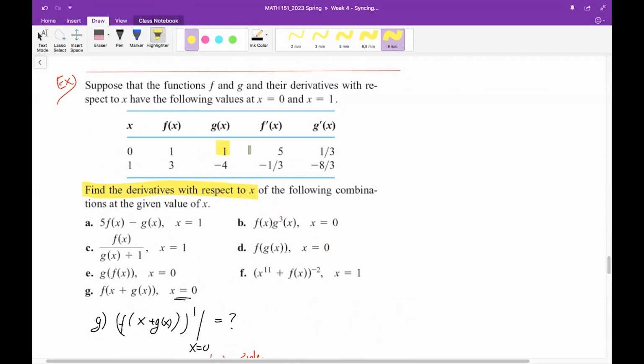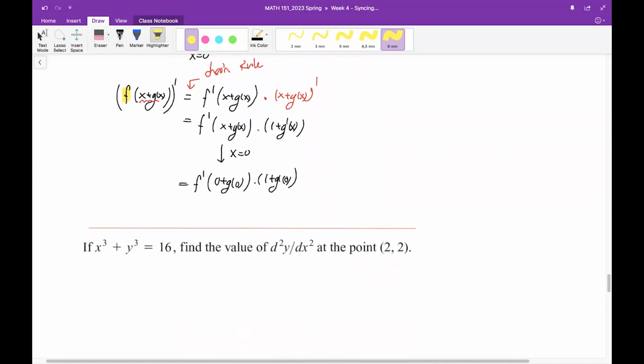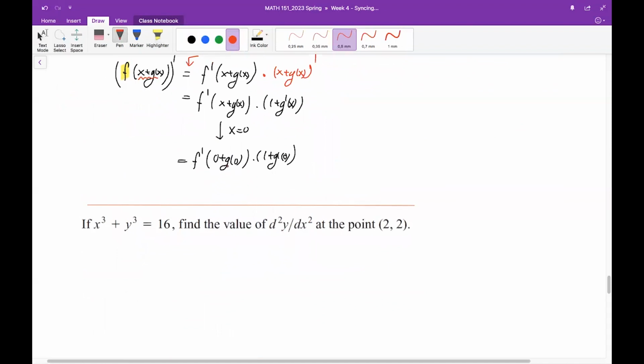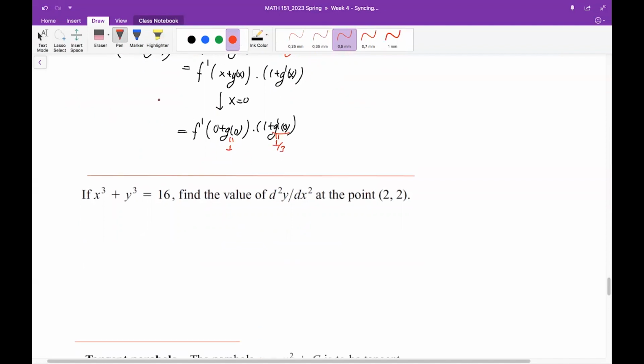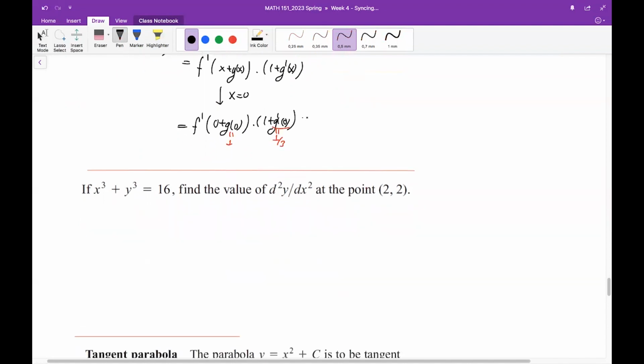G of 0 is 1 and G prime of 0 is 1 over 3, right? Okay, let's insert them. As you can see here, G prime of 0 is given in the table as 1/3. So what we have is F prime of 1 times 1 plus 1/3, which is 4 over 3.